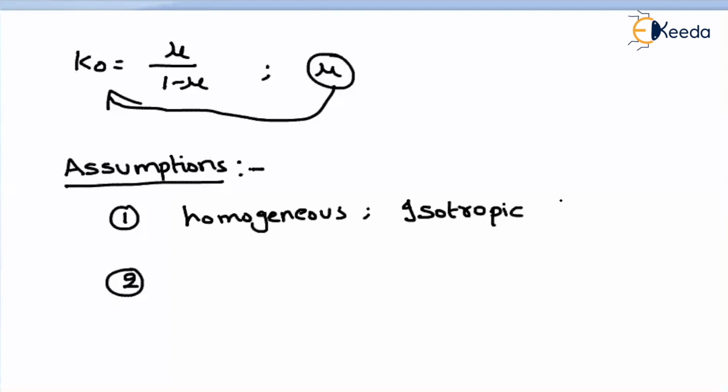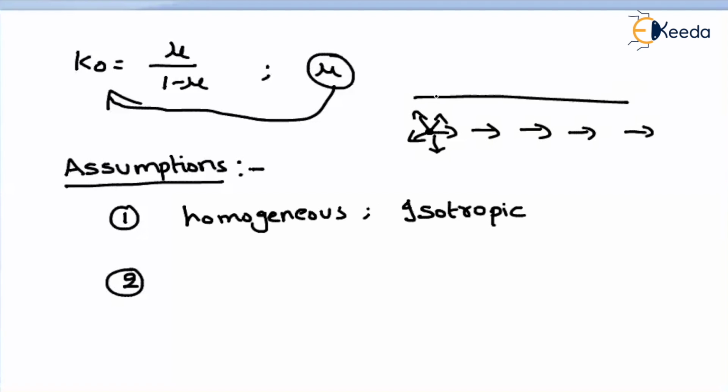Why? Because homogeneous is nothing but along one direction, whatever point you consider, the properties are the same. However, isotropic means at a single point, in all directions, the properties are the same. That means if you are assuming homogeneous and isotropic, whatever point and whatever direction you consider in any material, your properties are the same.